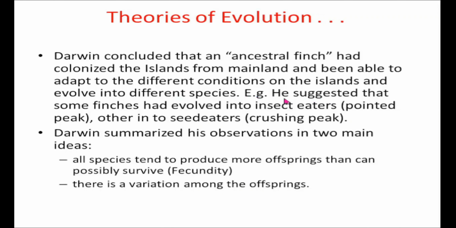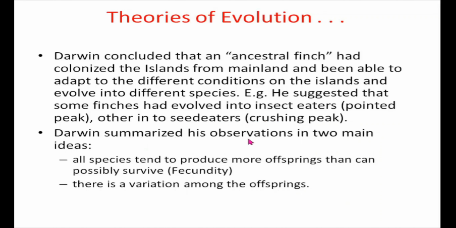For example, he suggested that some finches had evolved into insect eaters with a pointed beak, others into seed eaters with a crushing beak to crush seeds. Okay, then the beak developed into that structure.